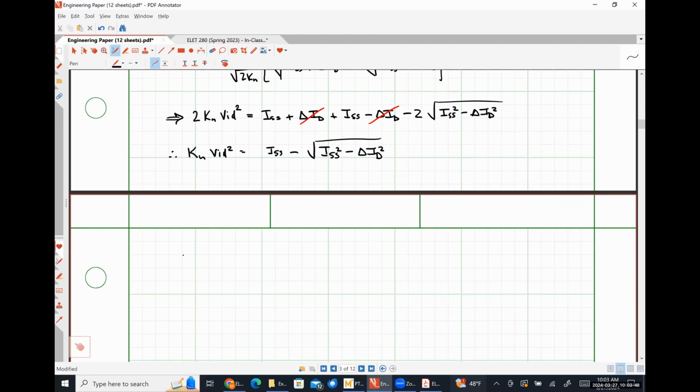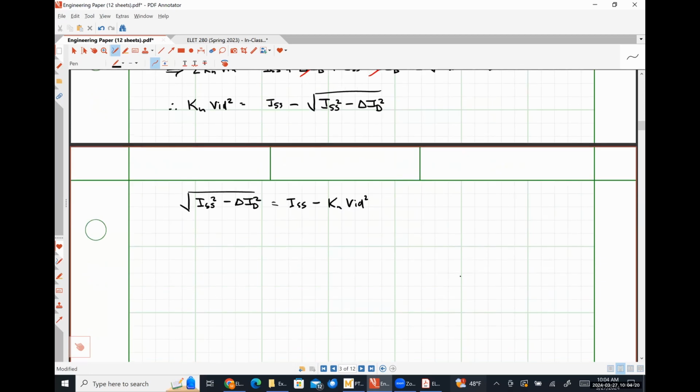And moving on from here, we could say that the square root of ISS squared minus delta ID squared is going to be equal to ISS minus Kn VID squared. Square both sides yet again to get rid of this extra square root sign.